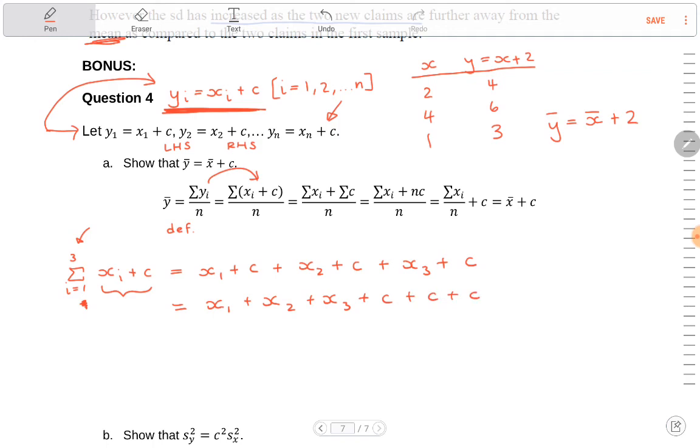Putting it back into summation notation, you have the sum of xi for i equal to 1 up to 3, and then for the c, you do the same thing, i equal to 1 up to 3 for c. That's where you get this part here.